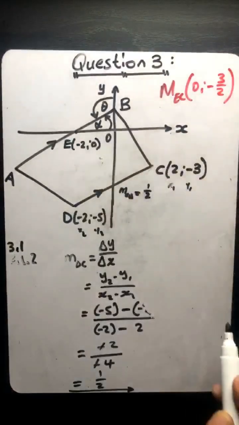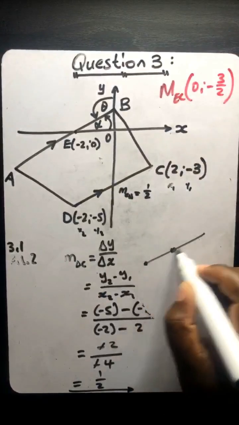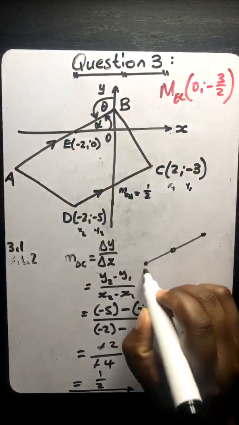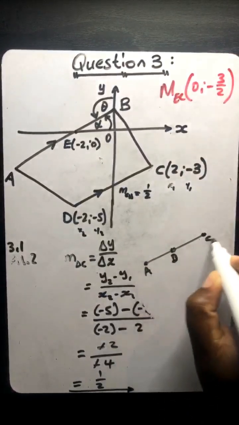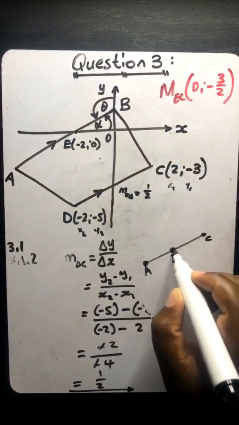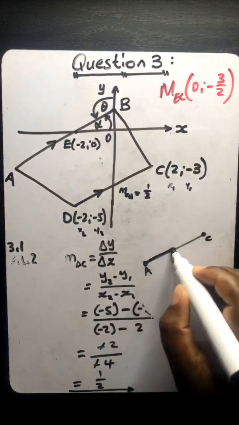And most importantly, there's something called collinear, Bantu Bagiti. When we talk about a line being collinear, it means when you have A, B, and C, the gradient from A to B is the same as B and C. Why? Because this line is collinear.